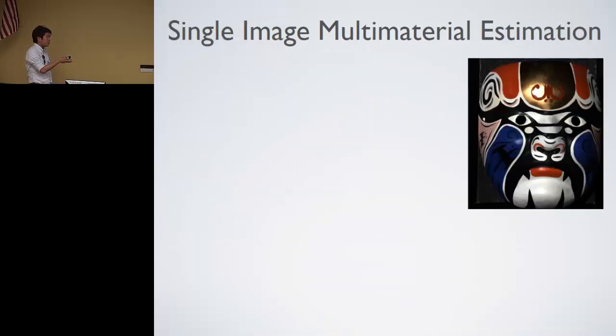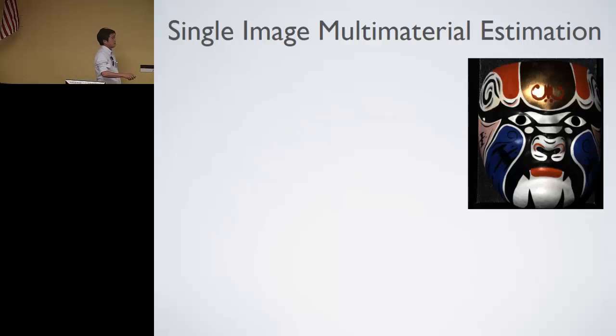Now, this is a simple example, so let's tackle a much harder and more practical problem, where we try to recover the reflectance of a single object from a single image but made of multiple materials, like this mask. This becomes an extremely challenging problem because now you have to figure out which pixel is which material, in addition to having to recover the reflectance of that particular material from fewer surface normals, I mean angular samples.